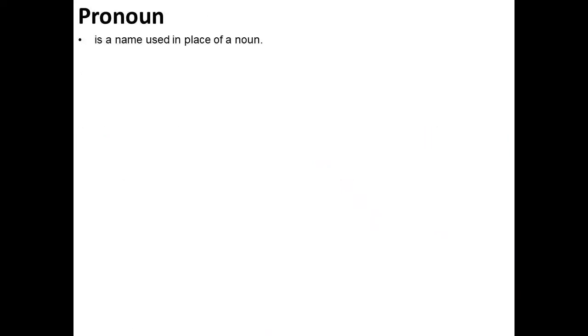Pronoun is the next type of noun that we're looking at. A pronoun is a word used in place of a noun. A pronoun is a name used in place of a noun.